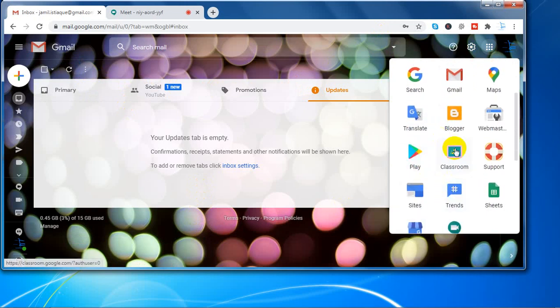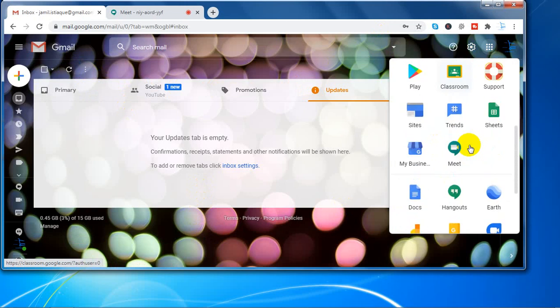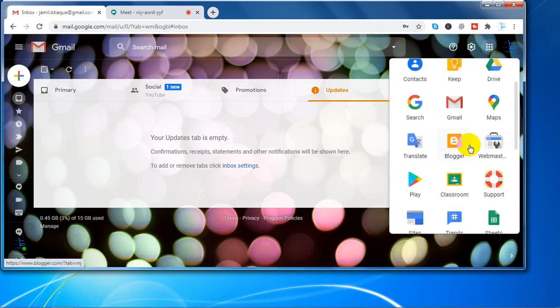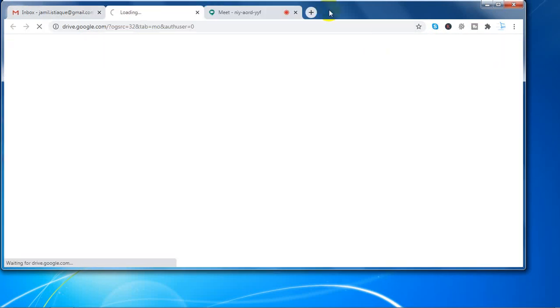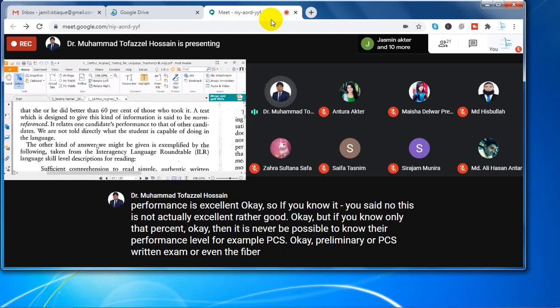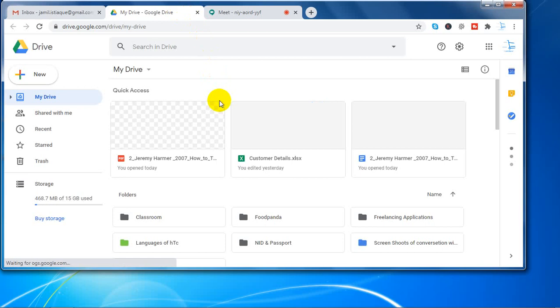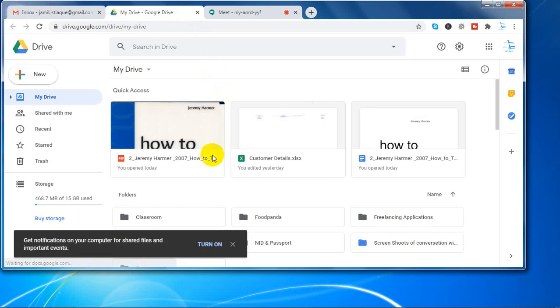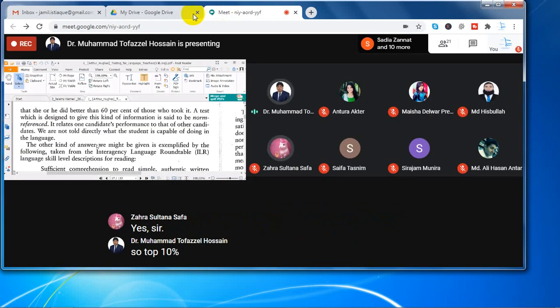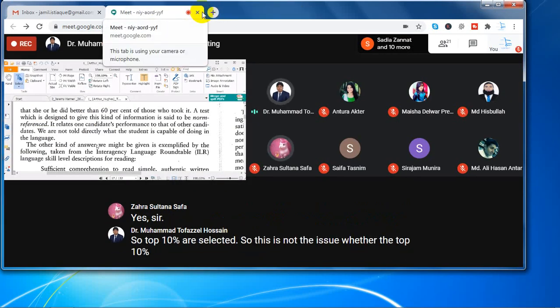For example, BCS preliminary or BCS written exam or even the Viva. In every case, the top 10% of students or candidates are selected. Do you know this? Yes, sir. So the top 10% are selected. This is not the issue, whether the top 10% got 60 or 50 or 70 or 80.